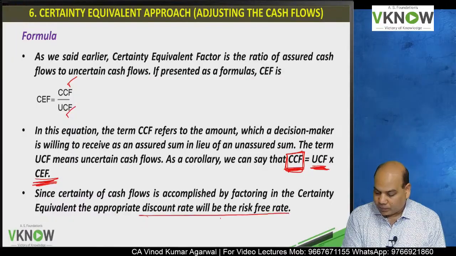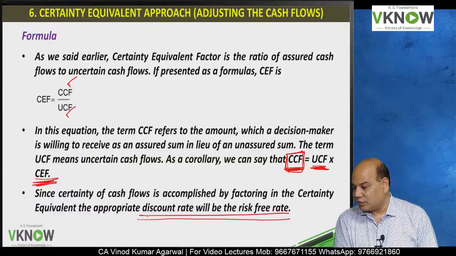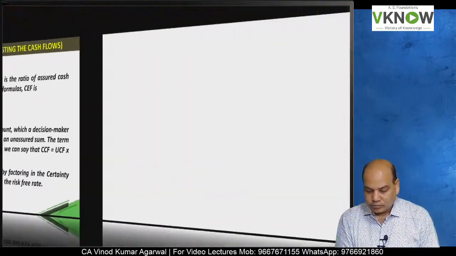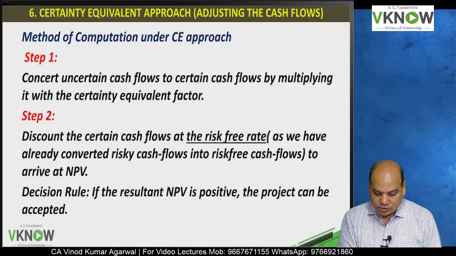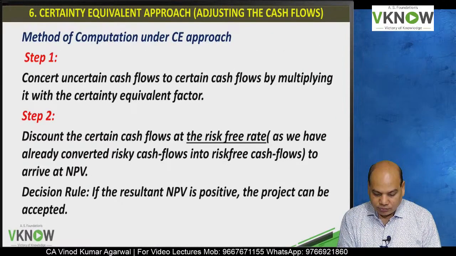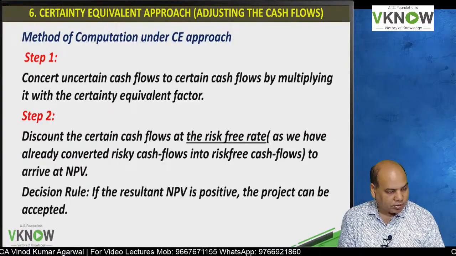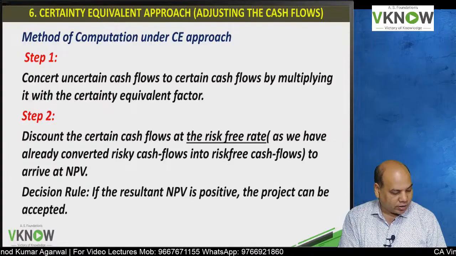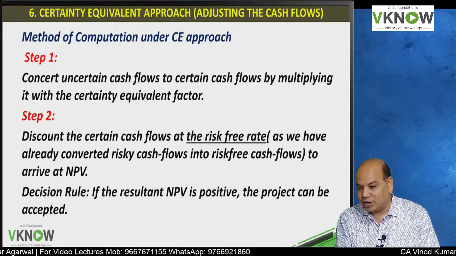For the purpose of computing present value, we will apply risk-free discount rate, because cash flow is risk-free. Now come to the story I have explained. There is one story of a house which is to be sold for 6,20,000. Today you will read the story I have already explained.